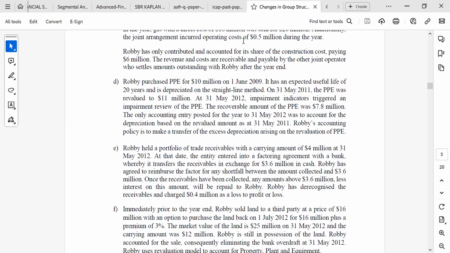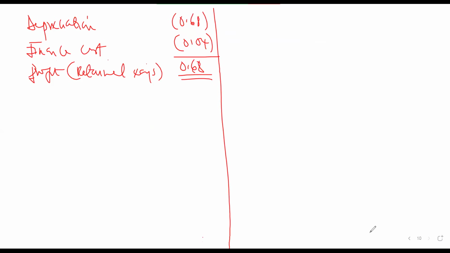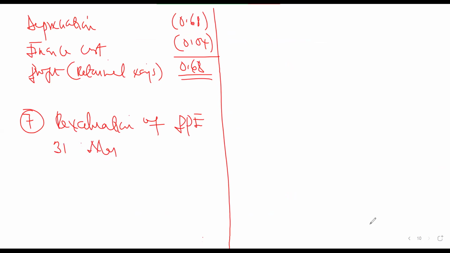So we need to determine the carrying value of the PPE at that date. So let's call it working 7, the revaluation of PPE. What we do is that at the date of the revaluation, which is 31 May 2011, you need to determine the carrying value of the asset.